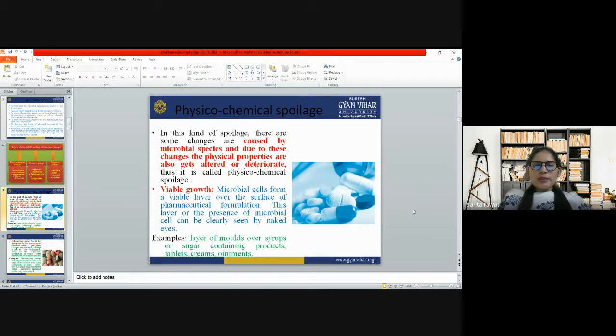This layer or the presence of the microbial cells can be clearly seen by the naked eye. For example, a layer of molds over syrup or sugar containing products like tablets, creams and ointments.